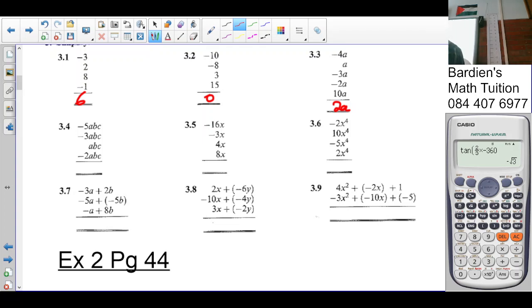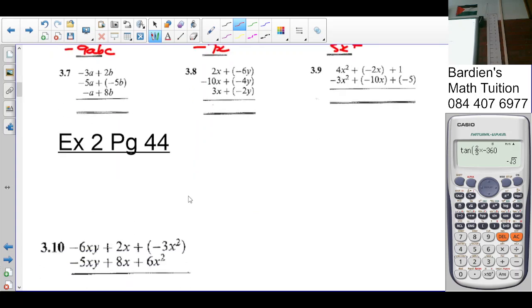That's correct? Yes, sir. Okay, the next one? Negative 9abc. The next one? Negative 7x. The next one? 5x4. So any problems with those 6 sums we've done thus far? No problems, no? Let's move on.